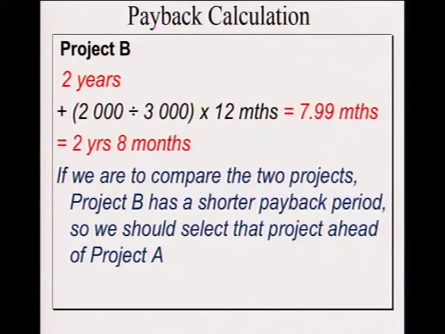Project B. We look at the number of years needed, it's 2 years, then plus 2,000, which is the negative amount that we are yet to receive, divided by 3,000 times 12 months. It gives us 7.99, which I rounded up to 2 years and 8 months.